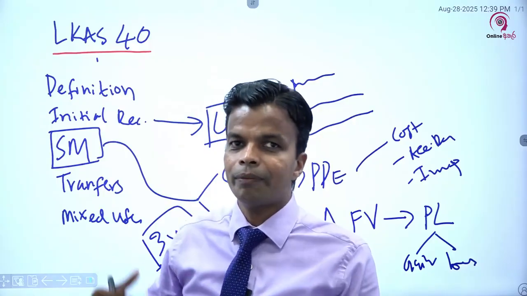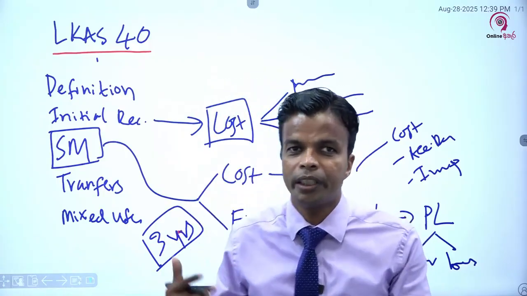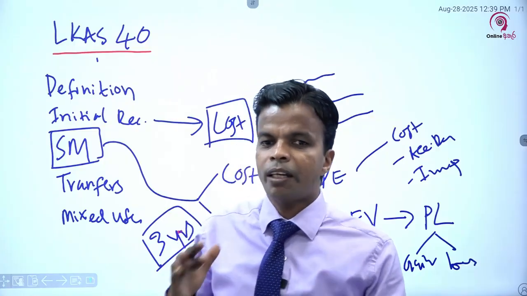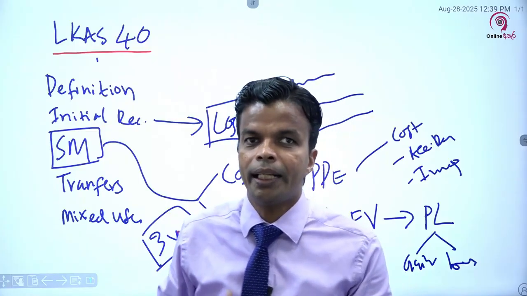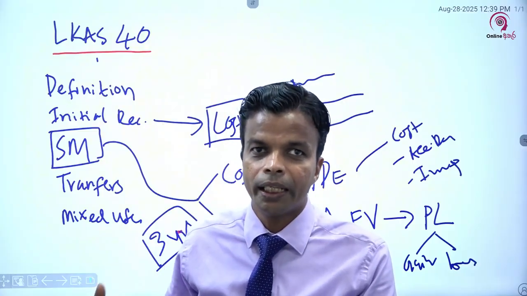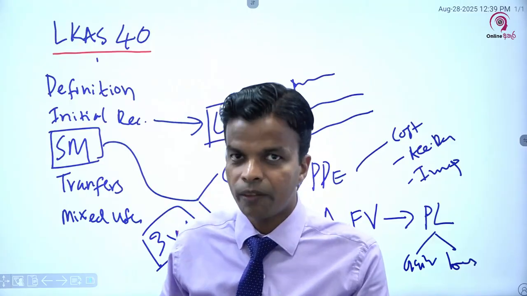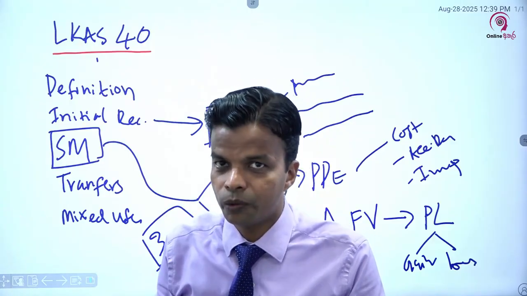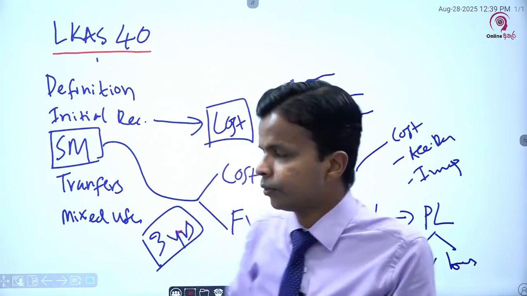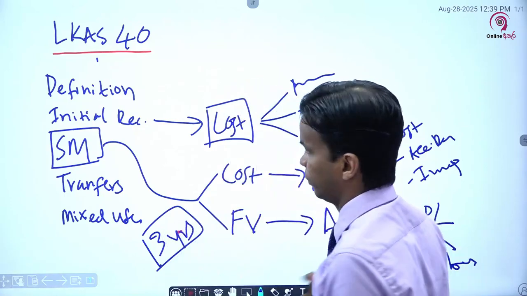So indirectly it is pushing you to go to an independent valuer every year. But if someone has the capability, capacity, skills and qualification to do the annual fair value assessment, you can do it, otherwise you should go for an independent valuer, right? So that's the fair value thing.